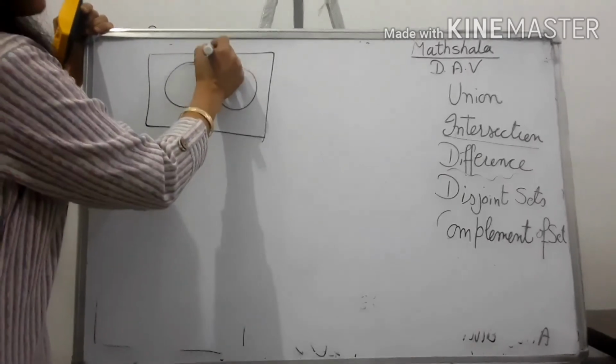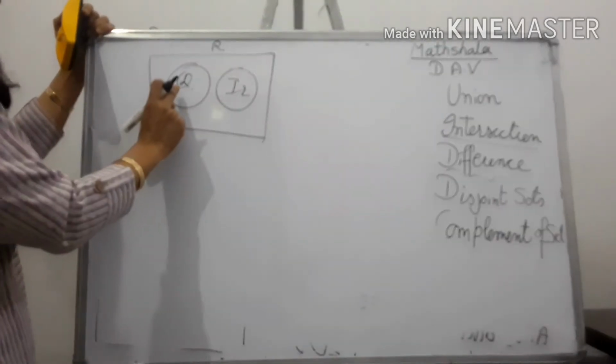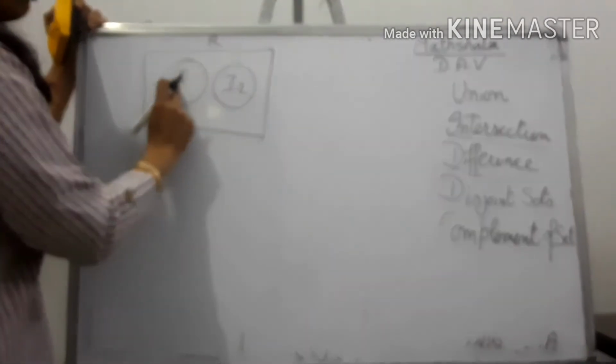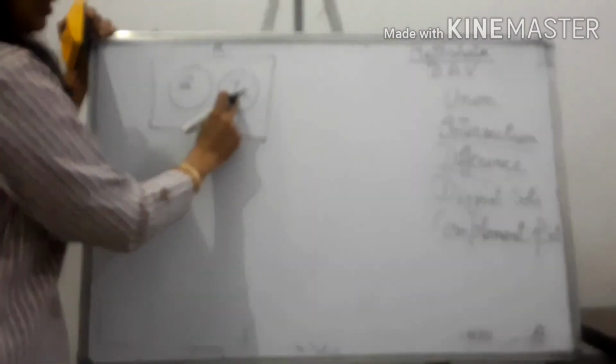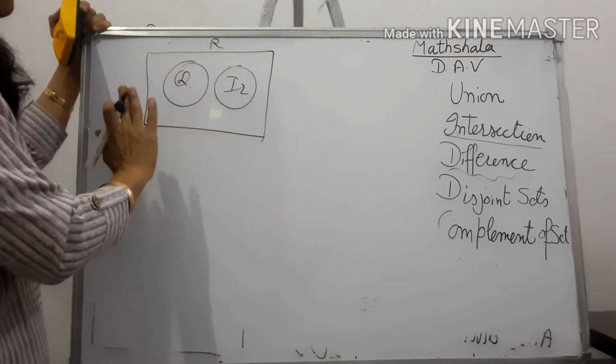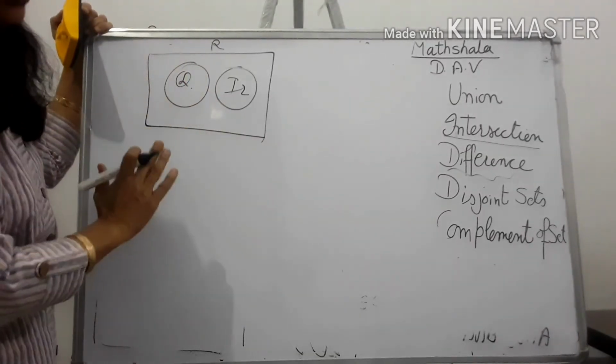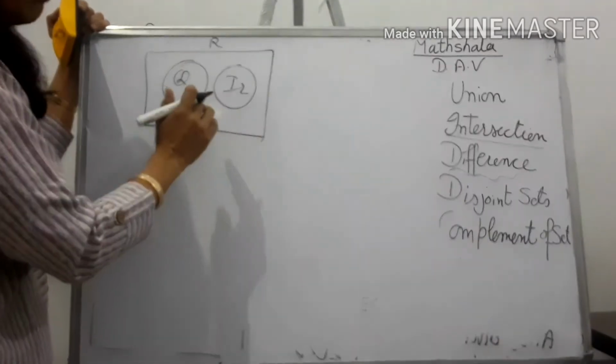For example, the set of rational numbers and the set of irrational numbers have nothing in common.